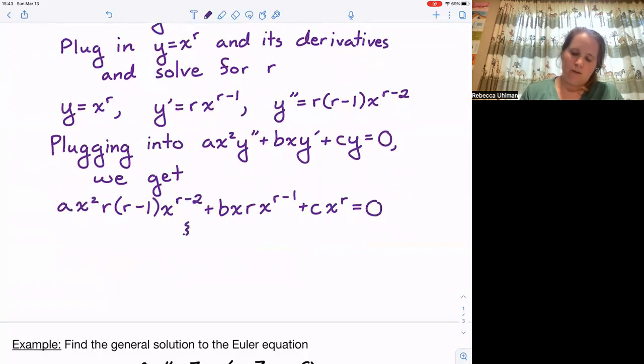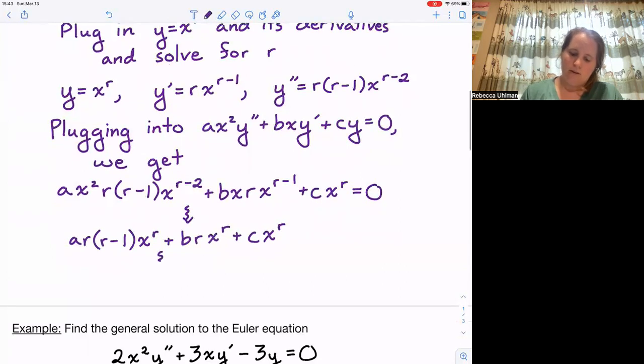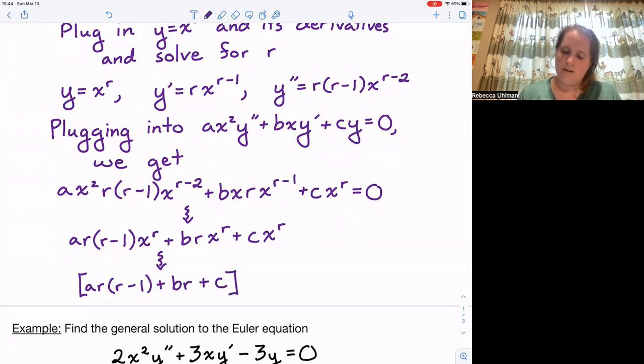This becomes a r times r minus 1 times x to the r plus b times r times x to the r plus c times x to the r. Factoring out an x to the r, we have a r times r minus 1 plus br plus c, all of this times x to the r equals 0.